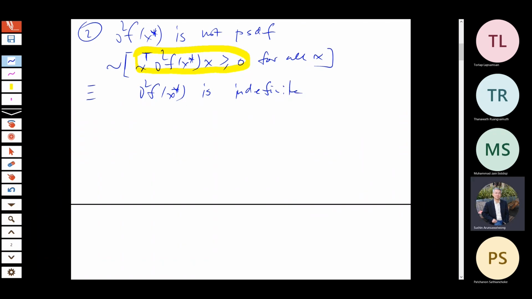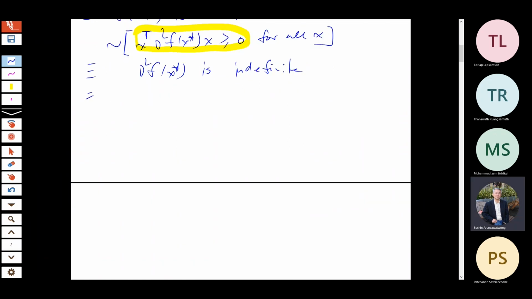And this is equivalent to, for some x, that there exists, here we call it a vector p. So it can be positive or it can be negative, right?